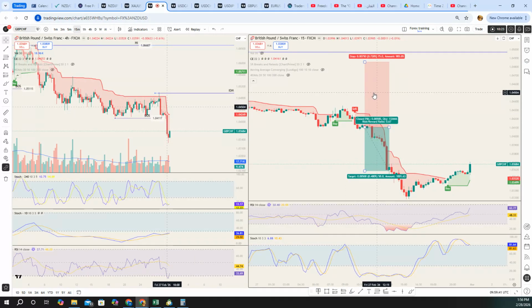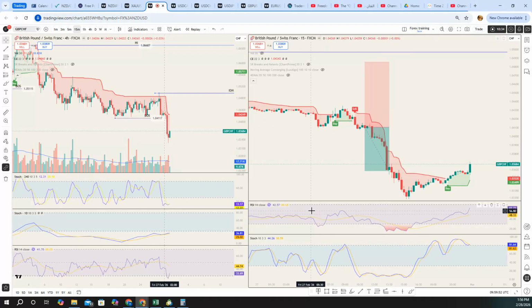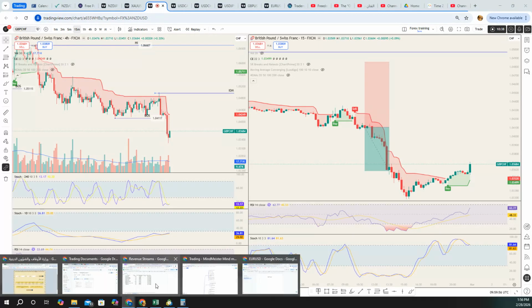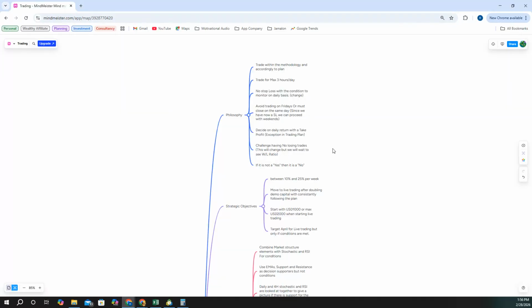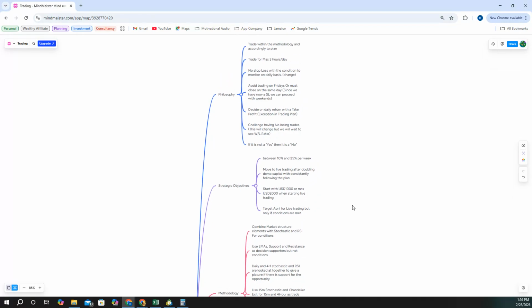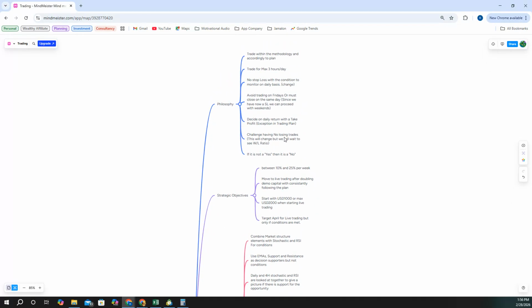So let's talk about now the RRR. I have no RRR. As we can see, this is not an RRR that could be planned for. Where do we have that RRR in place? Decide on daily challenge now. Losing, avoid trading.